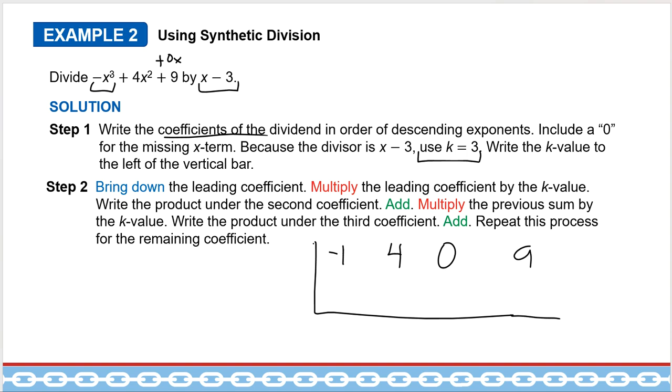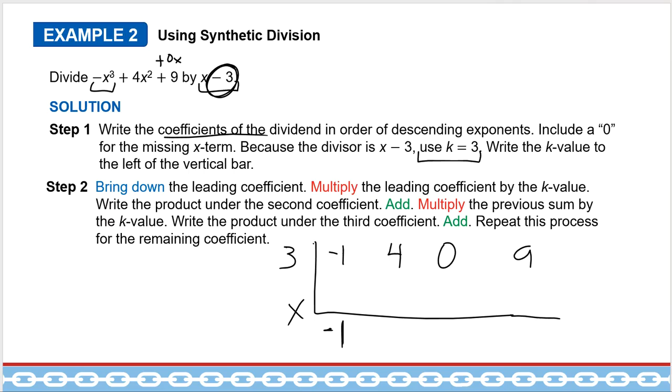Out to the left, I'm going to write the k-value. It is the opposite of what I see here. So my k-value is 3. Our first step is just to drop the first coefficient down. Once I do that, I'm going to follow this multiply, add process. So I am going to multiply this negative 1 that I just wrote by the k-value.